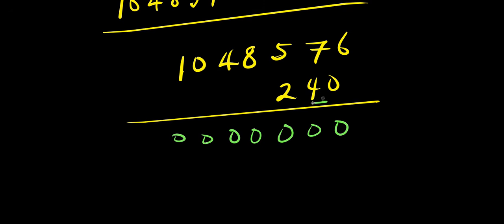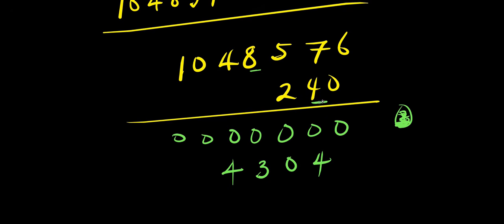Then we'll make use of 4. 4 times 6, 24, 4 carry over 2. 4 times 7, 28, plus 2, 30, 0 carry over 3. 4 times 5, 20, 20 plus 3, 23, 3 carry over 2. 4 times 8, 32, 32 plus 2, that is 34. So we have 4 and carry over 3.